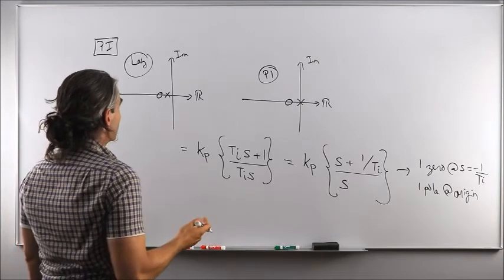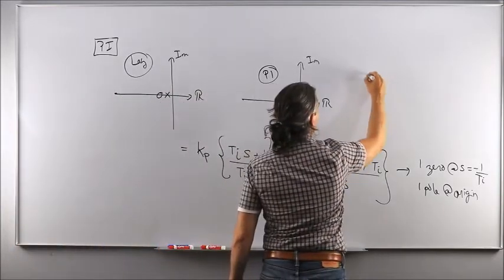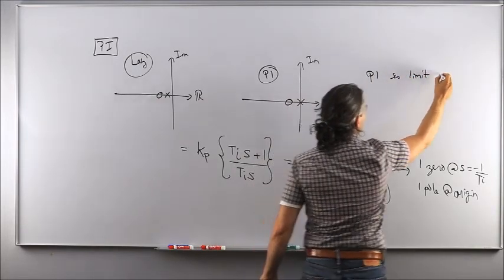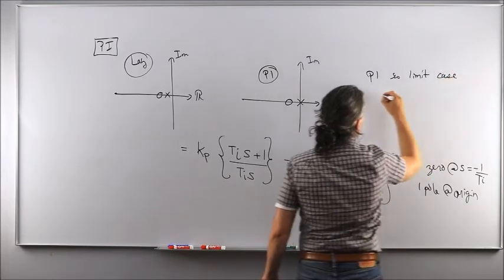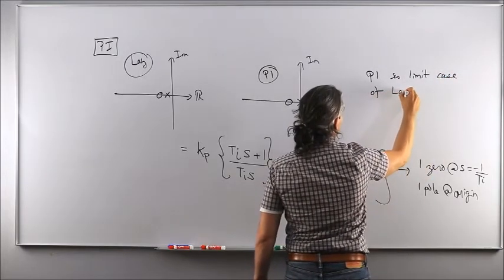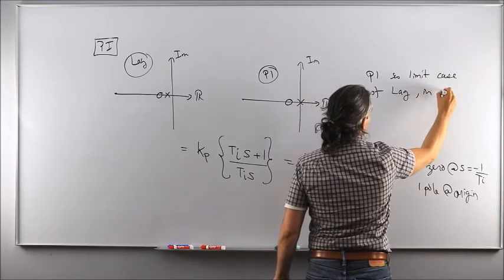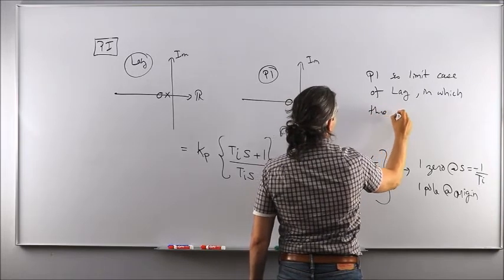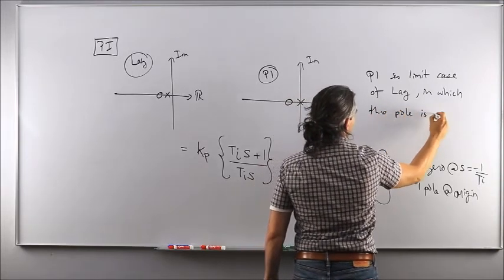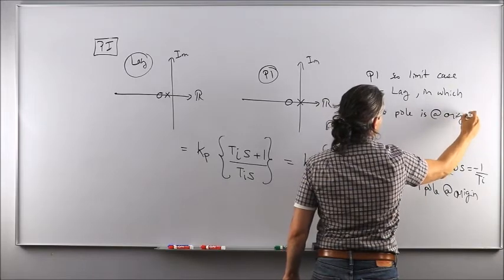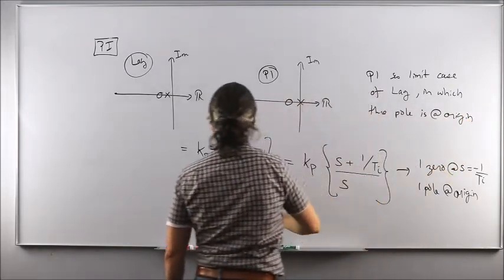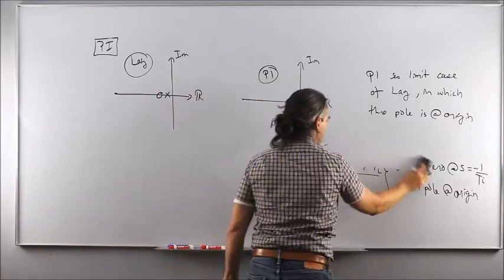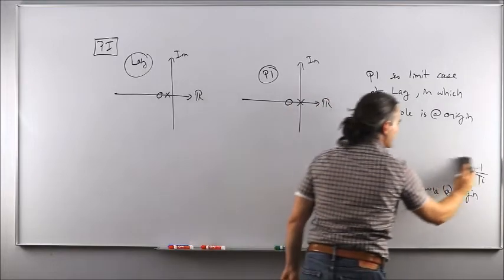So what does that mean? Well, it means that a PI is actually a limit case of a lag in which the pole is at the origin. Okay? And lag was used whenever we were aiming to improve the steady state performance.